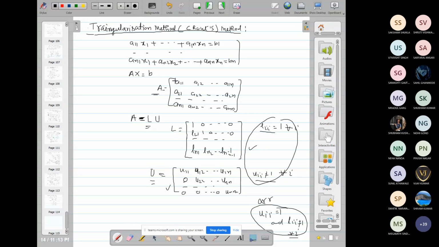Positive definite means A is non-singular and the principal minors of A are non-zero. So what is the principal minor? That is, the minor of the element a11 is the determinant of this. Similarly, for a22, the minor is obtained by removing the second row and second column from the matrix A. Then we obtain a new matrix, and its determinant is the minor of a22.